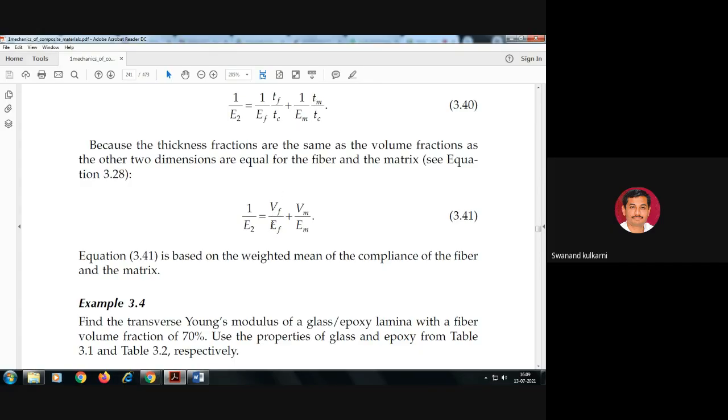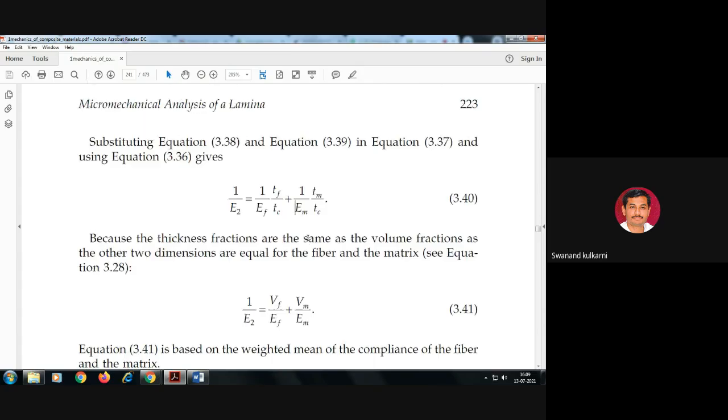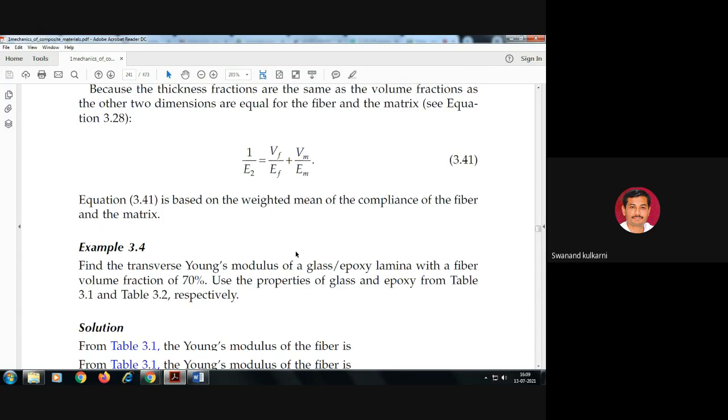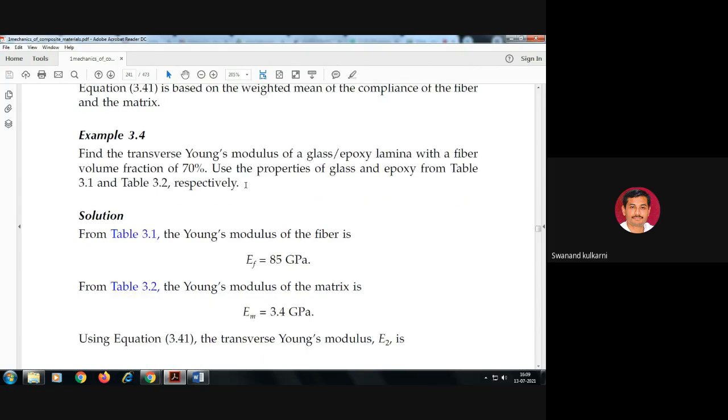So substituting them, 1 upon E2 is equal to VF upon EF plus VM upon EM. This is the simple derivation to identify the Young's modulus in the lateral direction.